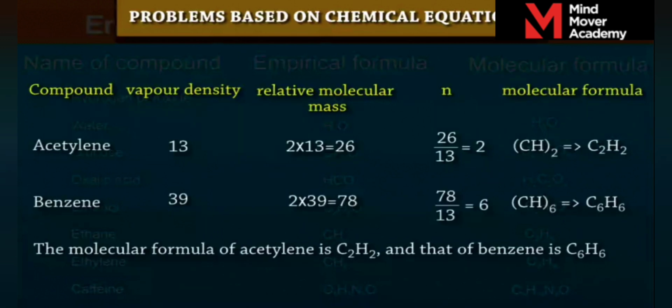Next we take benzene. Vapor density is 39. Relative molecular mass will be twice the vapor density, that is twice 39, equal to 78. N will be 78 by 13, that will be 6. Molecular formula will be CH six times, that is C6H6. So the molecular formula of acetylene is C2H2 and that of benzene is C6H6.